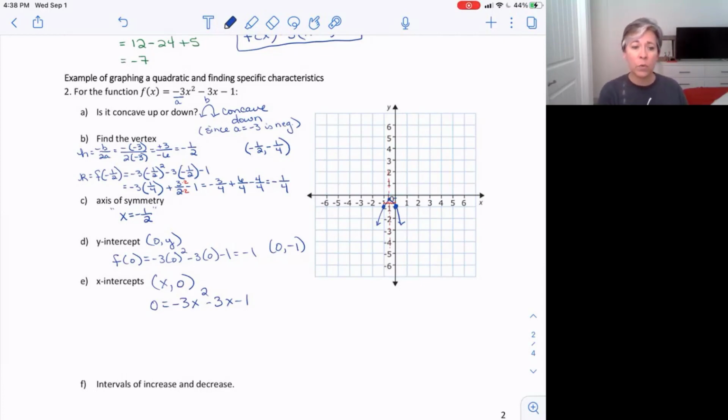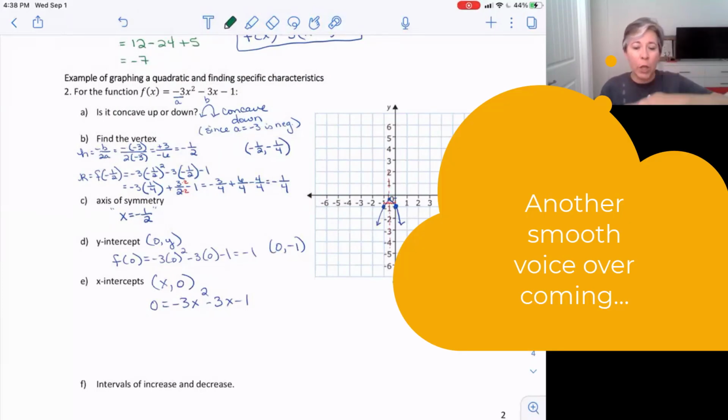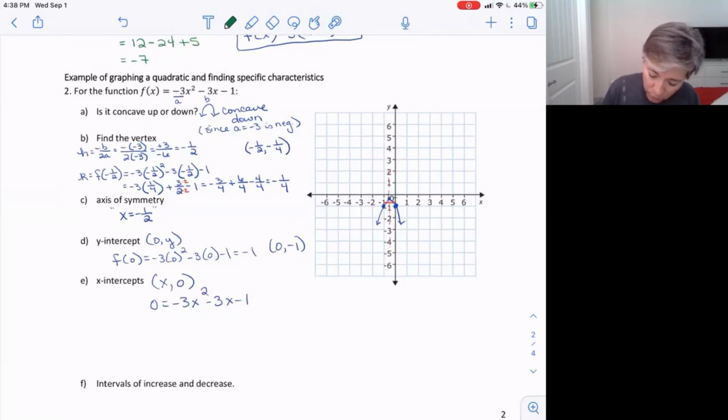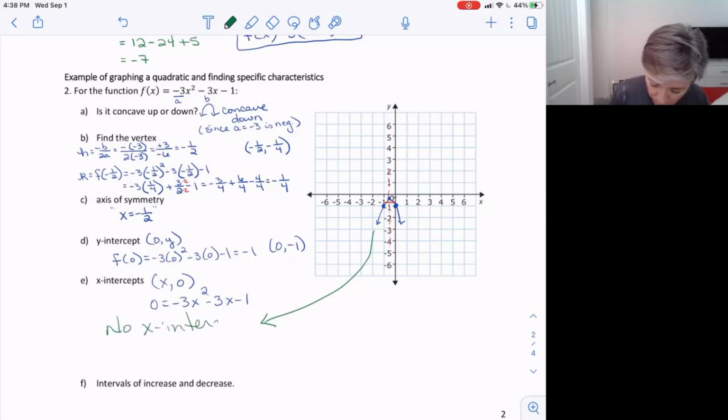Just put that in the y equals, graph it, see where it hits the zeros. But in this example, there are no x-intercepts because our vertex landed below the axis and we knew it's opening down. So just by that graph alone, we know there are no x-intercepts, no zeros.